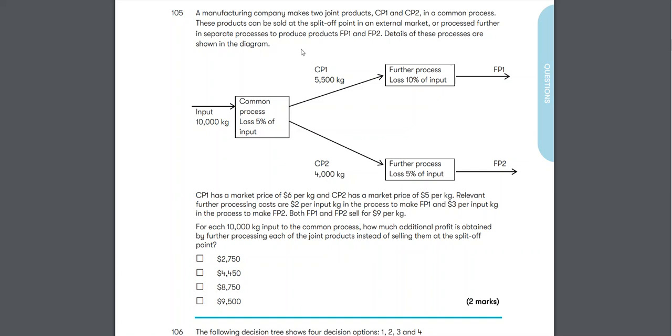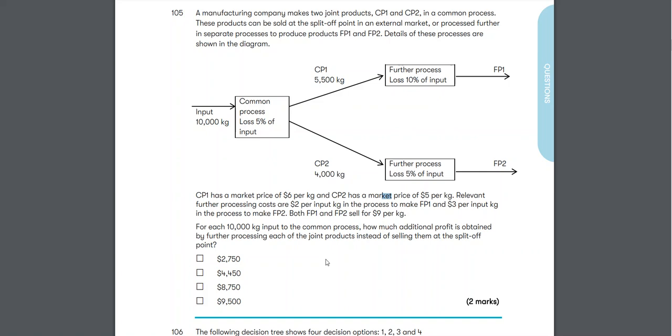In a common process, these products can be sold at a split-off point in an external market or processed further in separate processes to produce products FP1 and FP2. Details of these processes are shown below. We have the input, the further processing, the cost of further processing, the kgs made, the loss made.